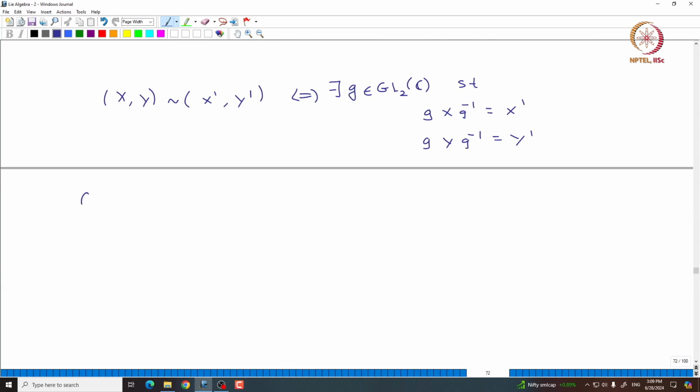Now let us assume case 1: y is diagonalizable.